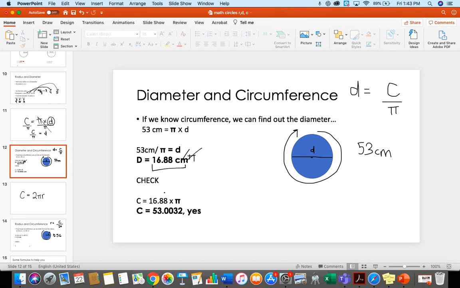So if we are using the formula again to figure out circumference, that circumference is equal to pi times diameter. So if our diameter is 16.88 and we multiply it by pi, just remember that the pi digits are infinite, so it might not be exactly 53, but it will come very close to it. And if you do that on the calculator, it will be that.